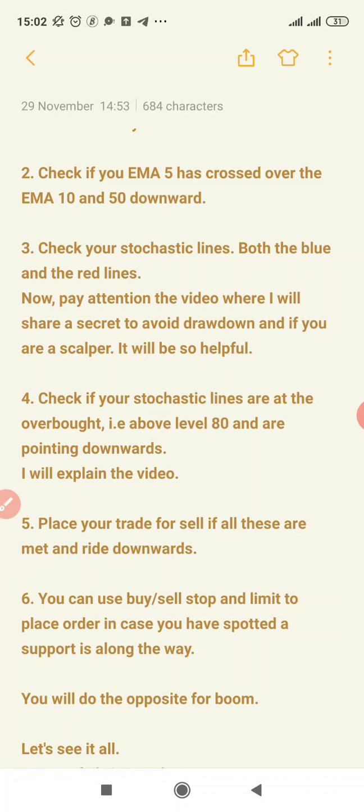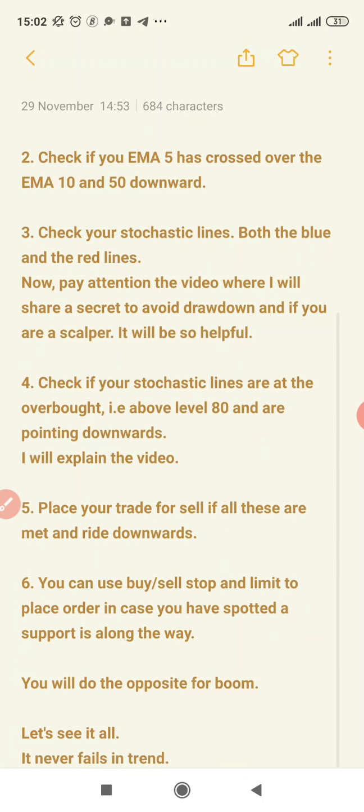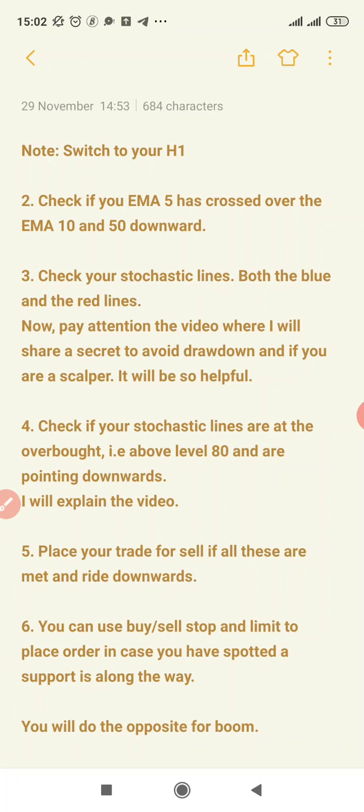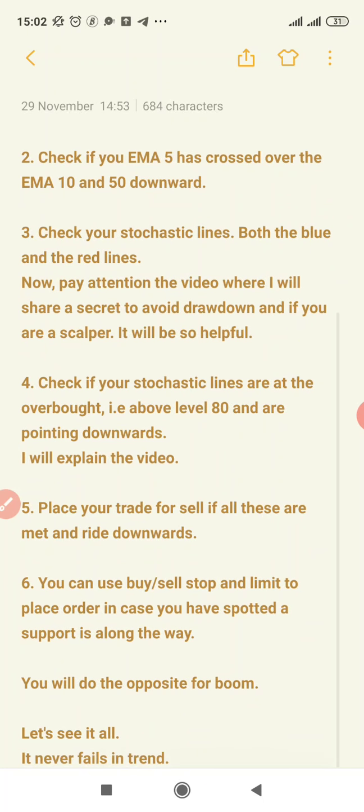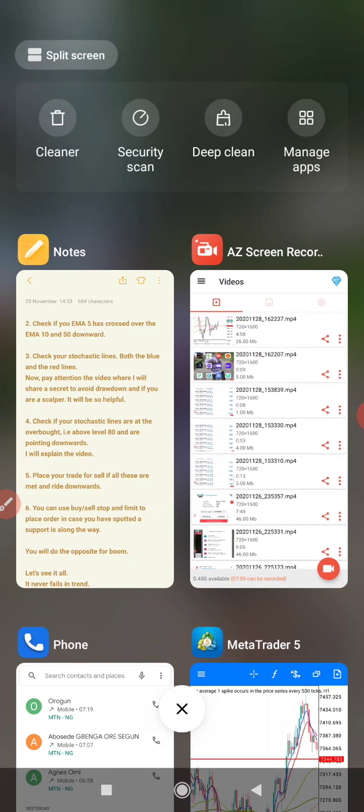Number five, place your trade for sell if all these are met and the price is heading downwards. Number six, you can use buy stop or sell stop, that means your buy stop, sell stop, buy limit or sell limit, to place an order in case you have spotted a support along the way. So let's go to our charts. You do the opposite for Boom. Then let's go there and see Boom.